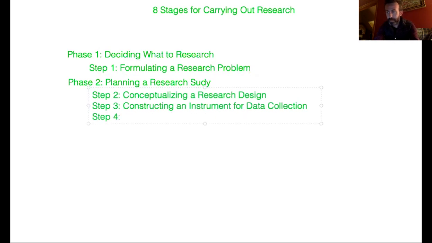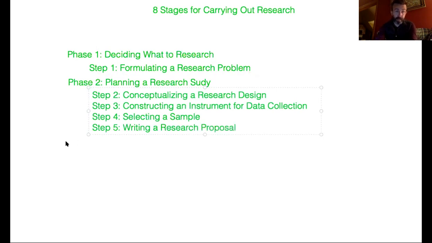Step 4, selecting a sample. Step 5, writing a research proposal. I nearly said something else. That would have been terrible. There's nothing poopy about a research proposal.